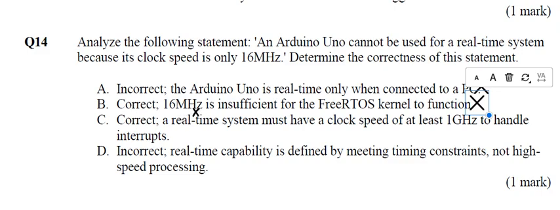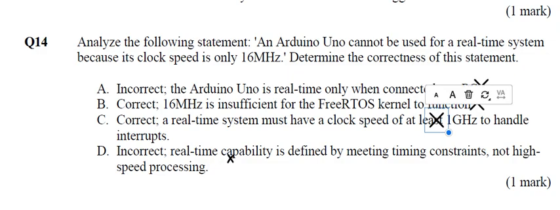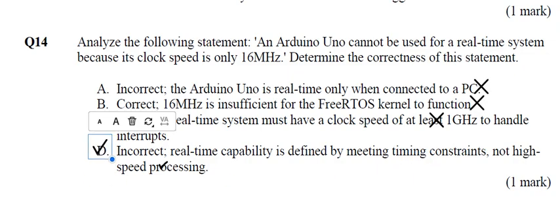Even if it is slow, we can design a slow real-time system as long as we can achieve the desired temporal correctness. A real-time system must have a high clock speed, so this is also wrong. Real-time system capability is defined by meeting timing constraints, not high speed. So this one is definitely a correct definition of a real-time system. The answer will be D.